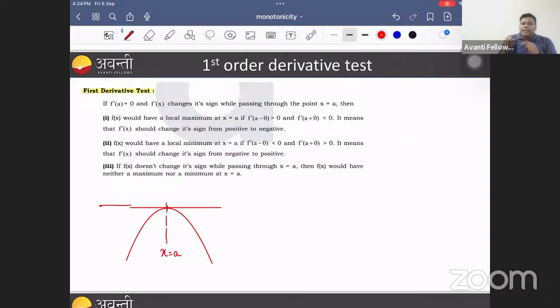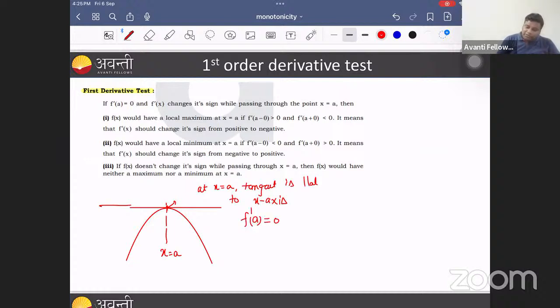You realize exactly at x equals a, the tangent is parallel to the x-axis. Am I clear? So at this point, the derivative is going to be 0.